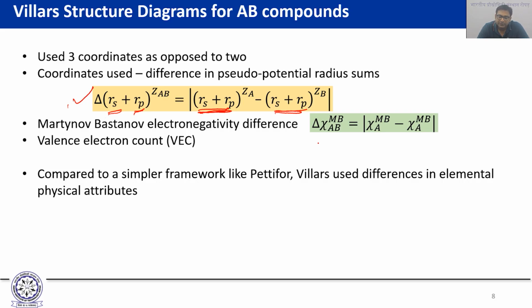So the idea is if you have an element which is electropositive and another element which is electronegative, they're going to come together and form a strong bond. And so the difference in electronegativity was going to be a marker for compound formation, and that's why he started looking at the difference. And then the third thing that he took into account was the valence electron count, or VEC.